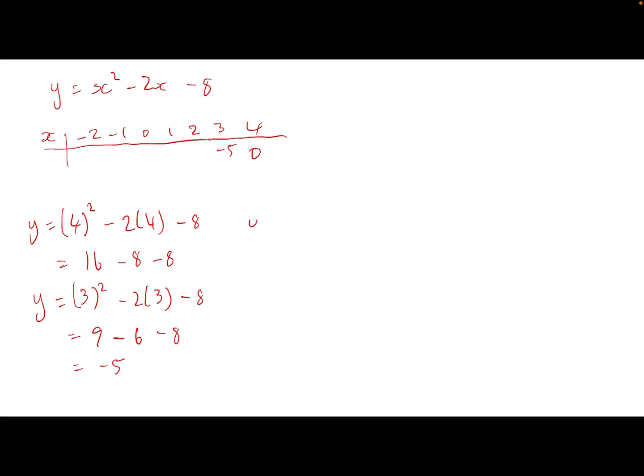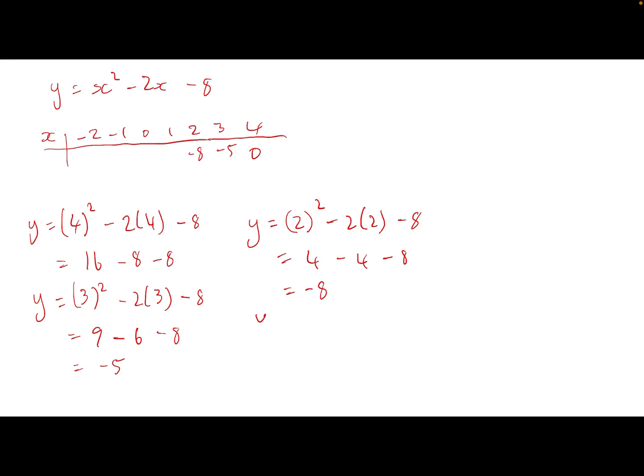Okay, y equals 2 squared minus 2 times 2 minus 8, which is 4 minus 4 minus 8, which is negative 8. Just using BIDMAS effectively.